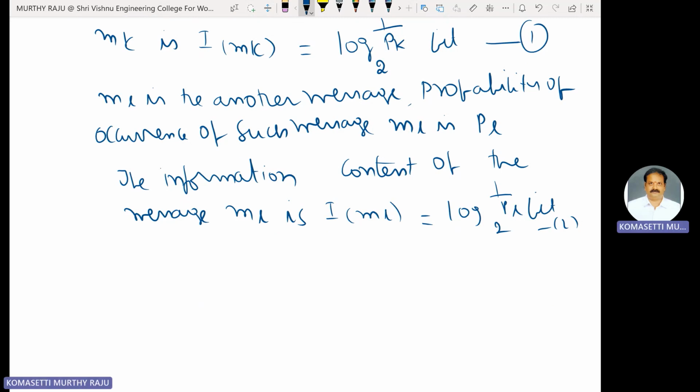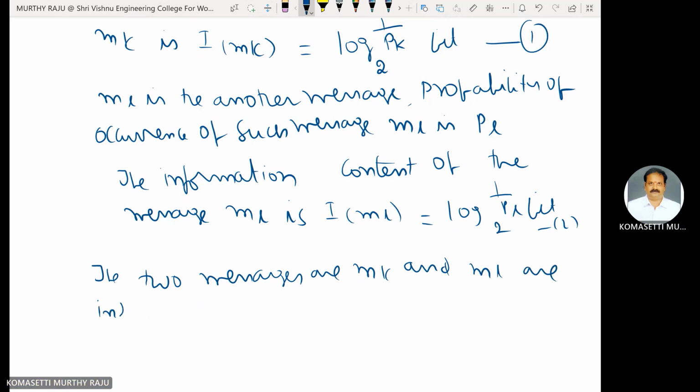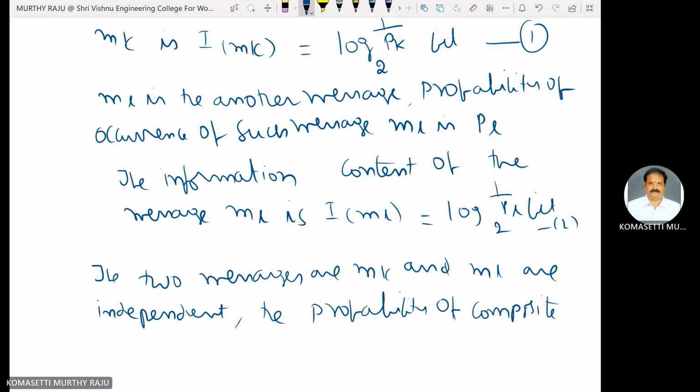The probability of the composite message, the combined message, is P K into P L.